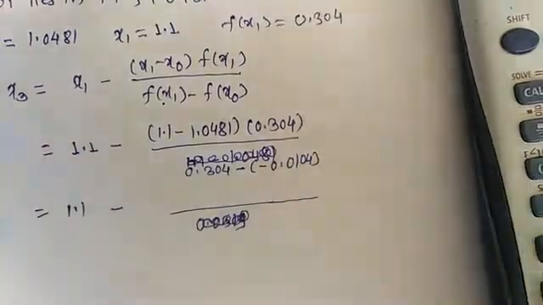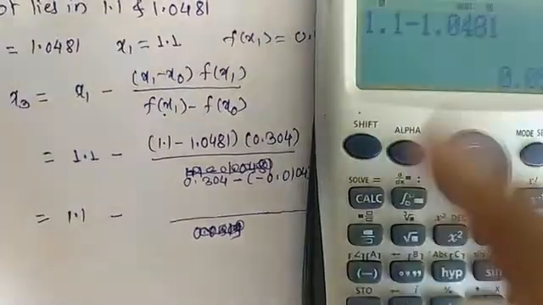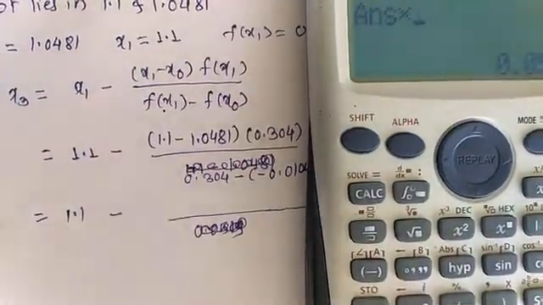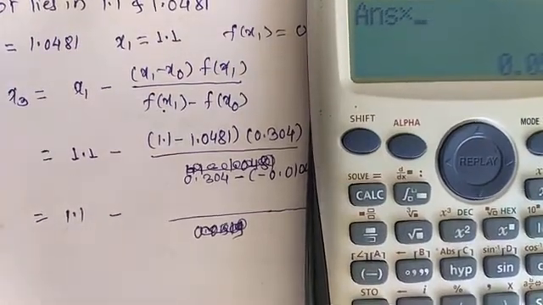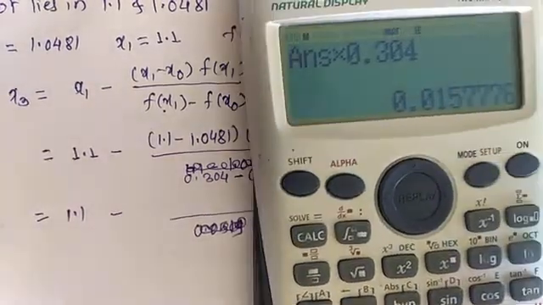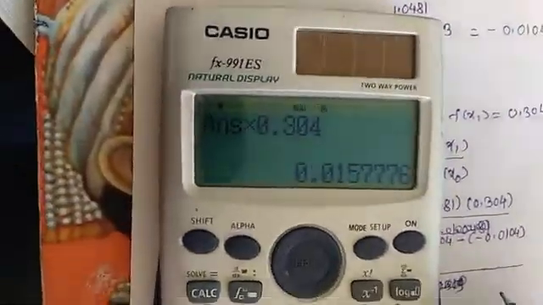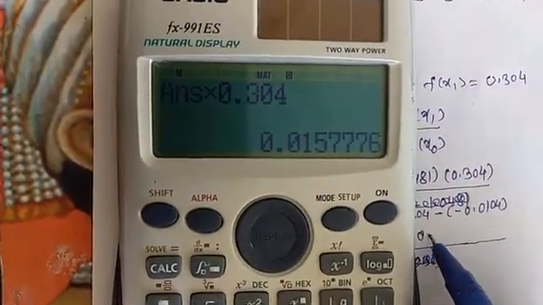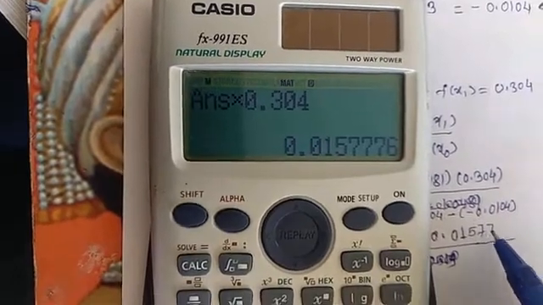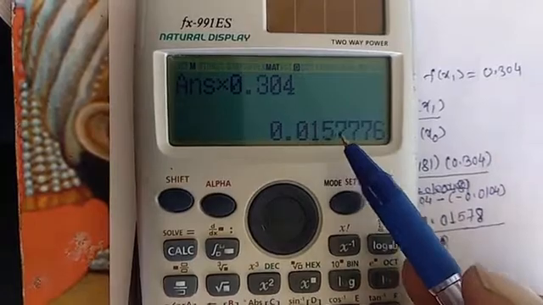So we will first find the numerator. The numerator calculation is 1.1 minus 1.0481 multiplied by 0.304, which is equal to 0.01578.